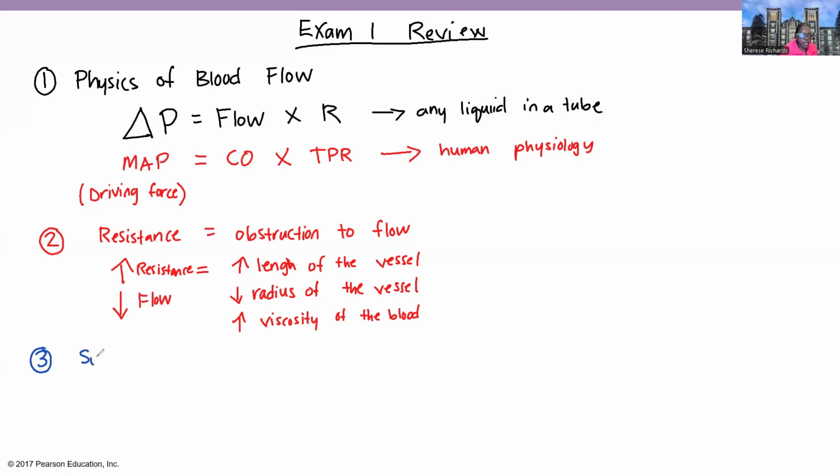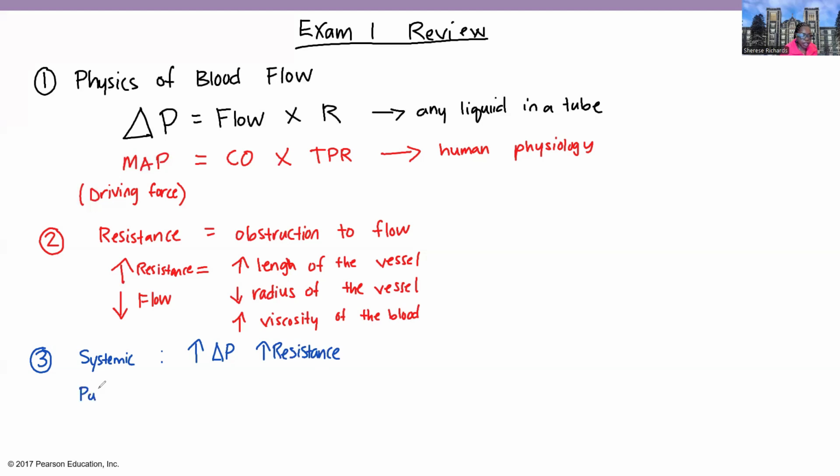So in our systemic circulation, increased driving force is a bigger differential. So the pressure in our arteries compared to the pressure in our veins, we have a bigger gradient between those two. So there's more flow, but there's also more resistance, right? Greater driving force, but also a greater resistance.